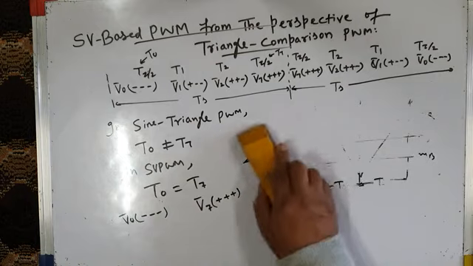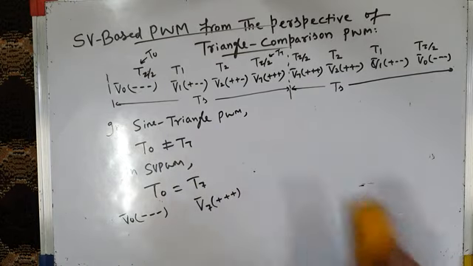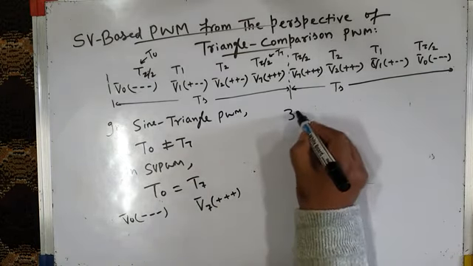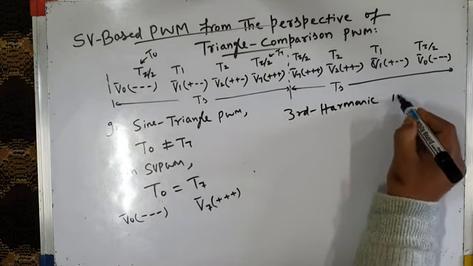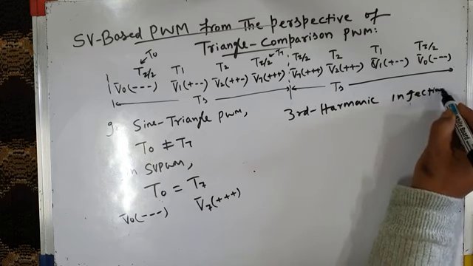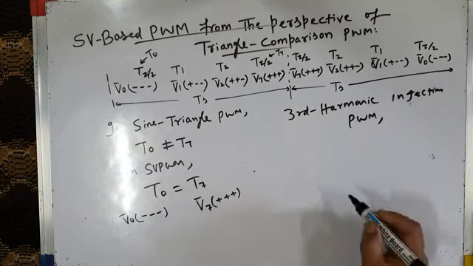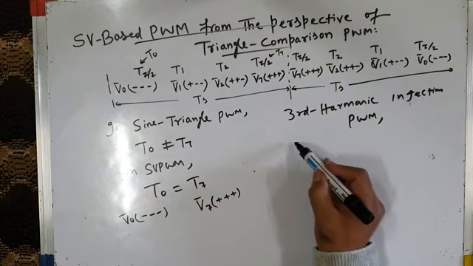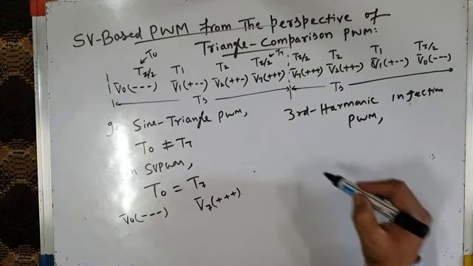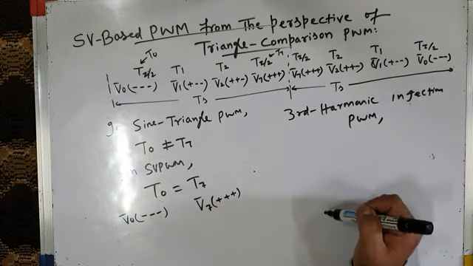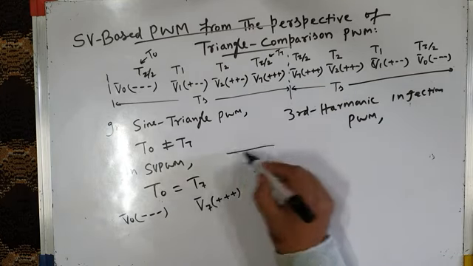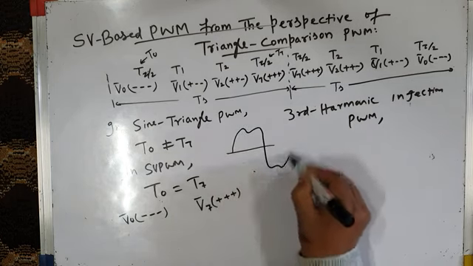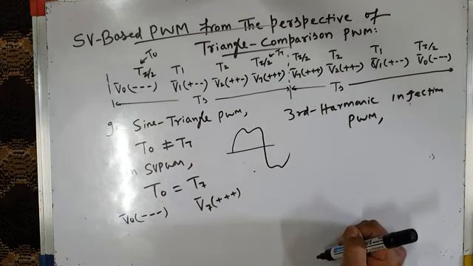If you remember, in one of the classes we discussed third harmonic injection PWM. In third harmonic injection PWM, a common mode third harmonic signal was added to sinusoidal modulating waves, and that modulated our reference waves, something like this, three reference waves, MR star, MY star and MB star.